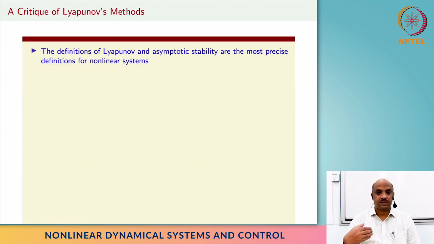So let's first critique Lyapunov methods, and we have mentioned this many times. I'm just formalizing and summarizing all the points in regards to Lyapunov's notions, first the definition of stability itself and then the method, right?